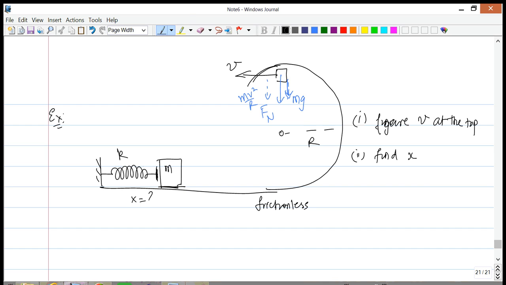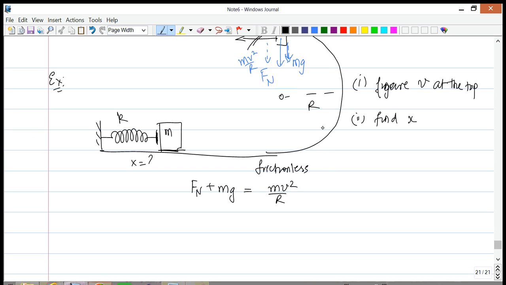Now let us write our equation: Fn plus mg equals mv squared over r. Now we know that the minimum condition is that Fn becomes equal to 0. So this equation ends up giving us v equals square root of r times g. Very good, we have that.